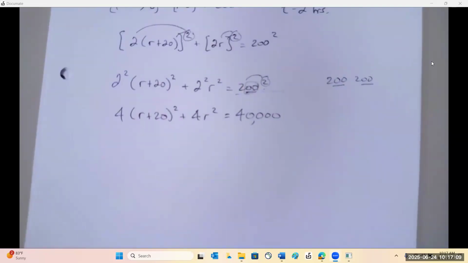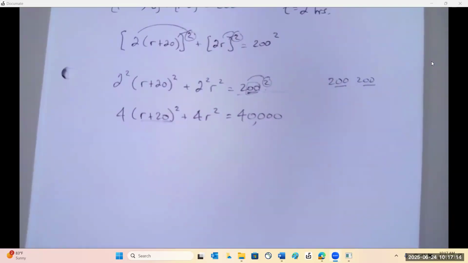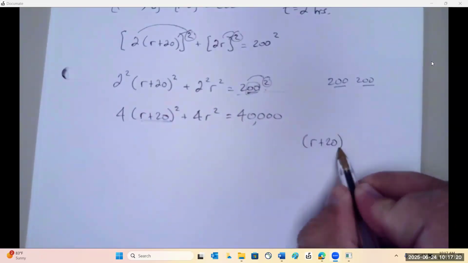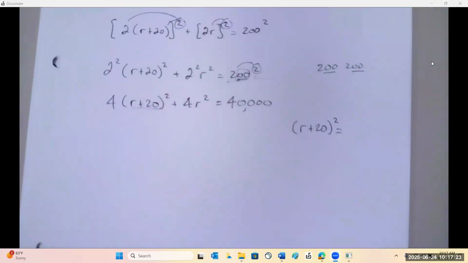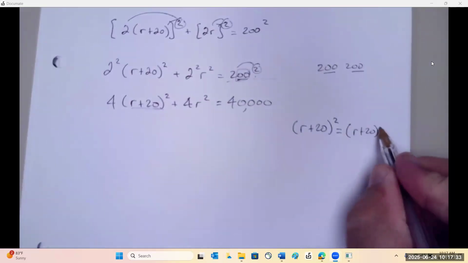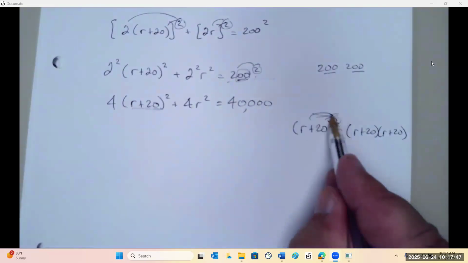So far, so good. We're still setting it up. This is the problem here. What do we do with the R plus 20 squared? You cannot distribute the square to each term.